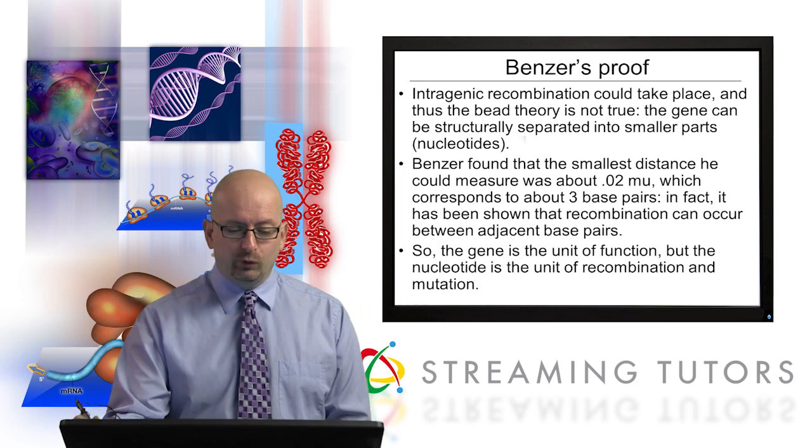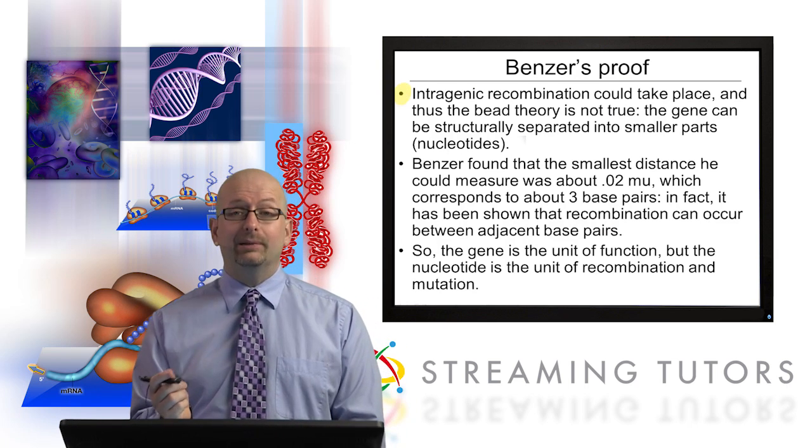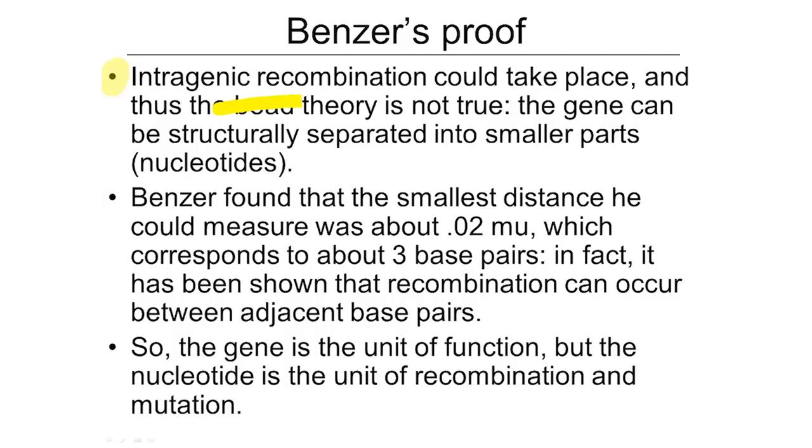So Benzer's proof, I say here: intragenic recombination can take place. The bead theory is right down the drain there. So the gene, and this is so important, structurally the gene can be separated into smaller parts, and those smaller parts are the nucleotides. This is going along with the molecular research into DNA.